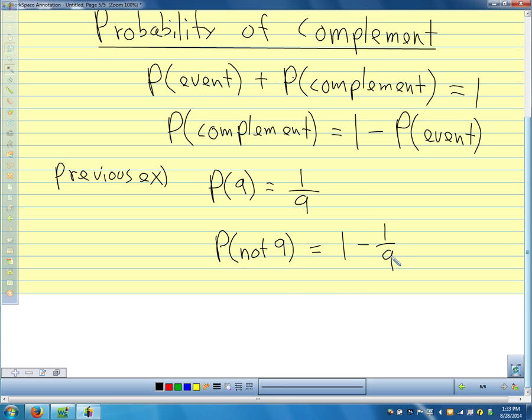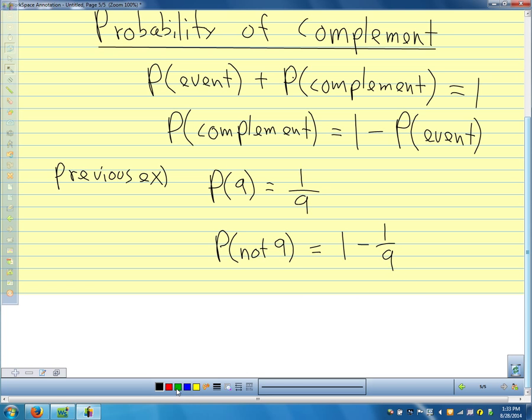How do we subtract these two numbers? We have to turn our whole number into a fraction. And when we turn it into a fraction, what has to be the same between the fractions? Denominator. We have to find a common denominator. What's our common denominator here? 9.